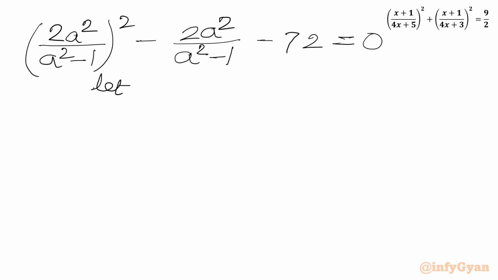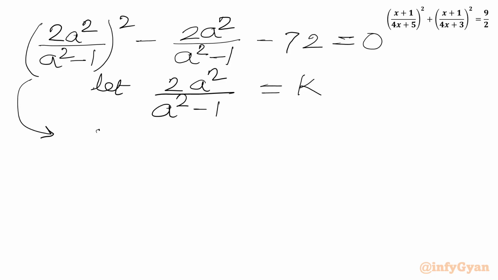Let us say 2a² over (a² − 1) equal to k, suppose. So our equation will be quadratic in k: k² − k − 72 = 0.